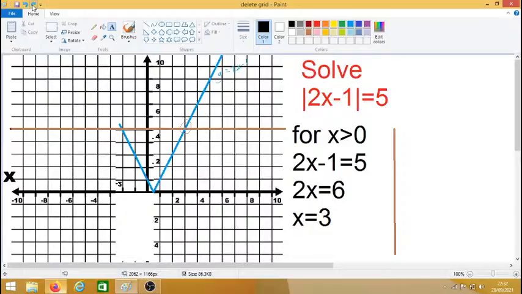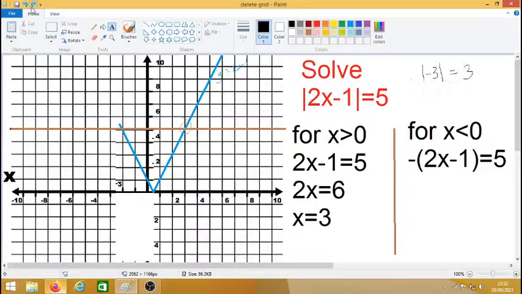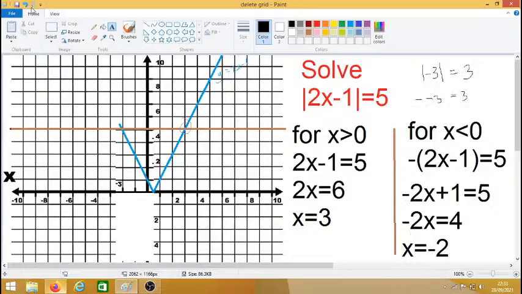So that means it's just a normal equation. 2x minus 1 is 5 because as long as the answer is positive, then the modulus function doesn't have any effect. And then for x is negative, we have to put a minus in front, and we can expand the brackets and get the answer.